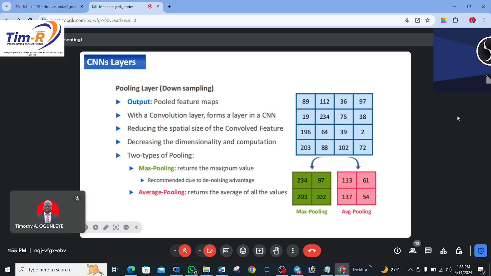We also have the pooling. The pooling layer has to do with downsampling, and the output is always a pooled feature map.